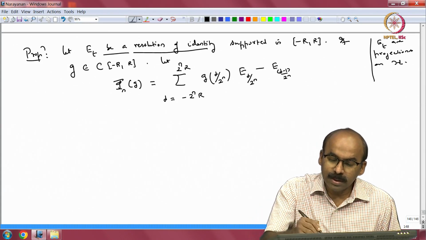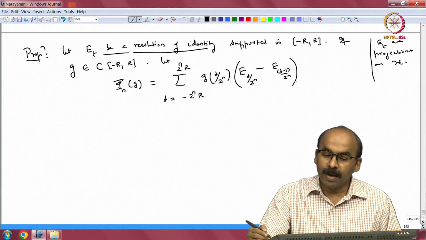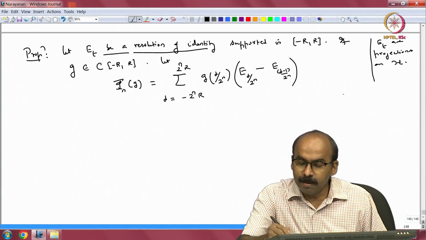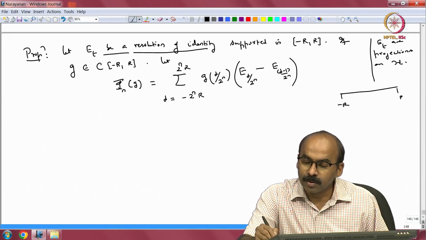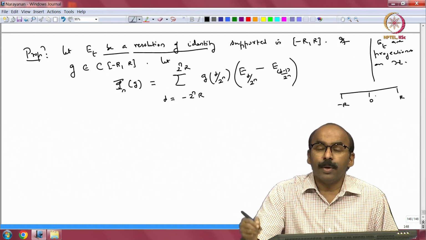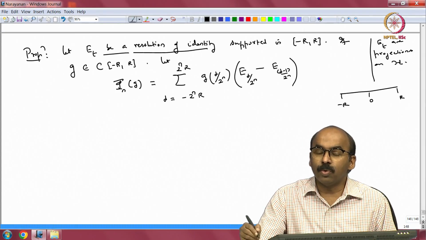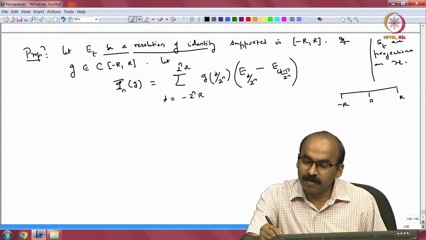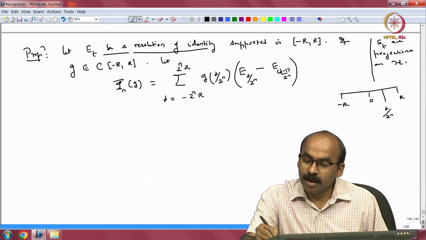So, what is this? Let us look at this more carefully. If I decompose the interval minus r to r, so let us say there is 0 here, into intervals of length 1 by 2 to the n. So, there are 2 to the n intervals. So, if I have j by 2 to the n here, I have j plus 1 by 2 to the n here and so on, right.